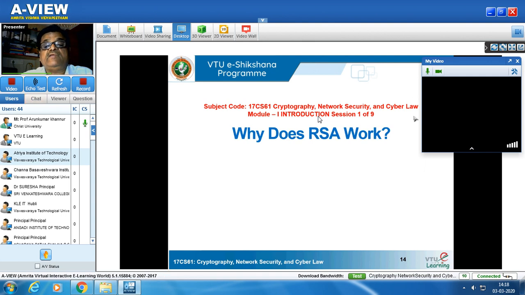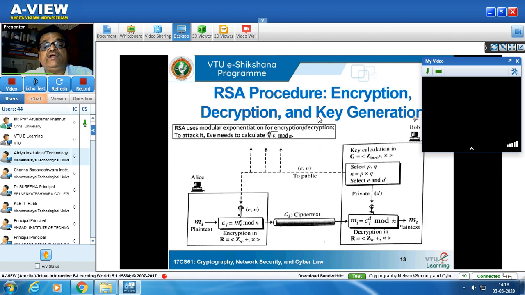Why does this RSA work? We are having so much difficulty. We are seeing that the prime numbers create a lot of complexity, and we are also saying that recovering is very difficult because of the complexity of factorization, and also performance is poor, and having an algorithm which can improve performance and all such complexities are there.